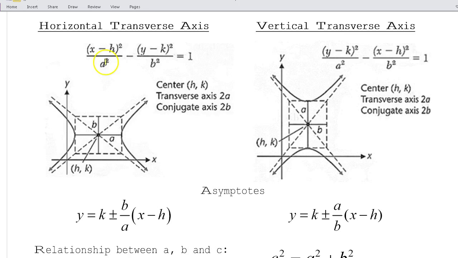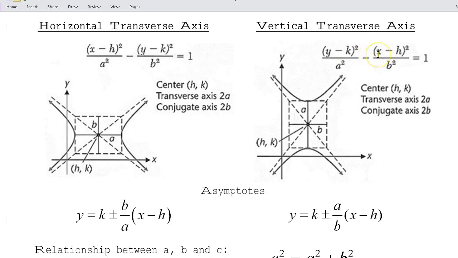If you notice, for these, the a squared and b squared are the same. So for horizontal and vertical, the a squared and b squared, they don't change. But notice that our numerators change. So for a horizontal transverse axis, I have x minus h squared first. And for a vertical transverse axis, I have y minus k squared first.